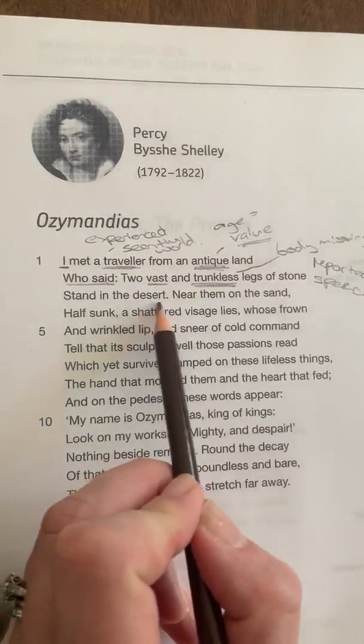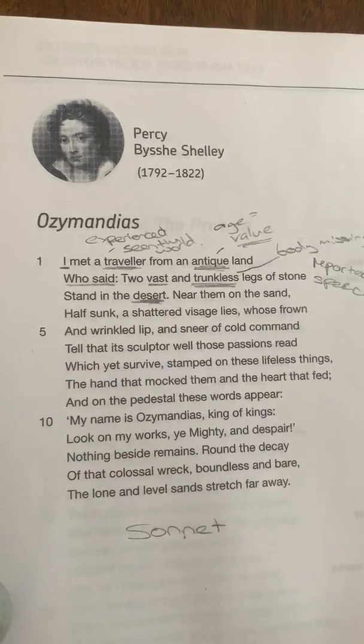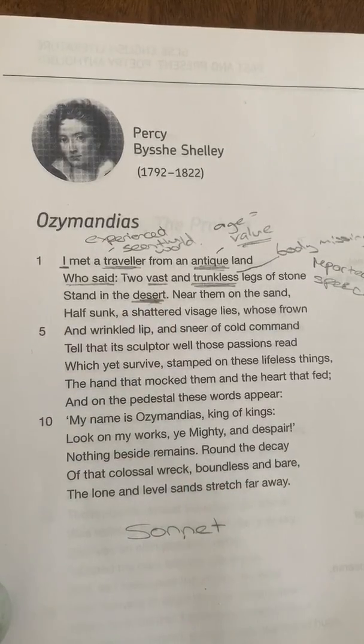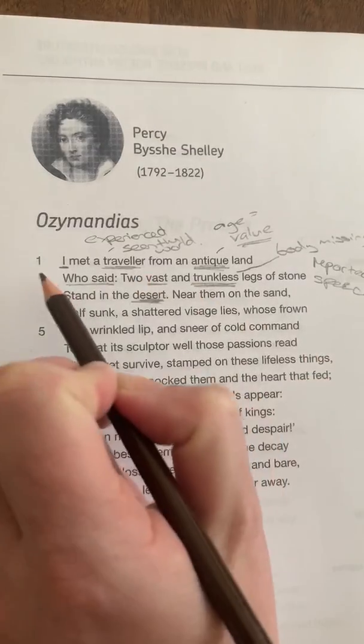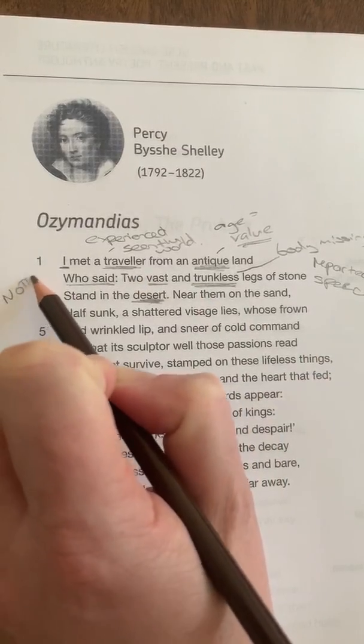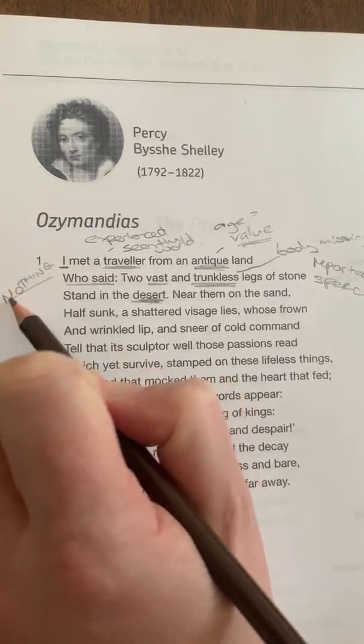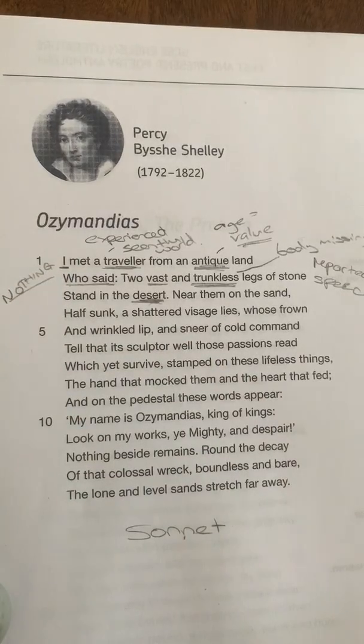Why tell us that it's in the desert? It's in the desert because in deserts there is nothing around. And this we're going to come back to again, the idea of nothing, the idea of what is being left, the idea of things being bare. So, a bizarre image.